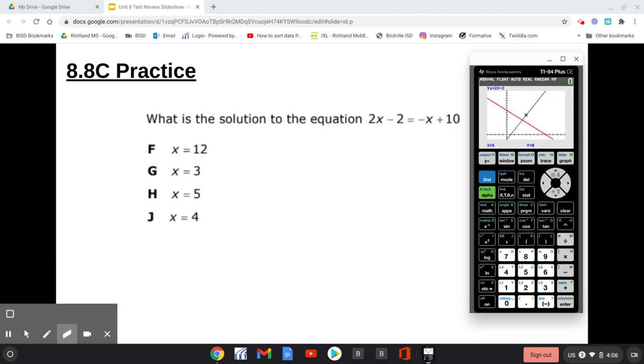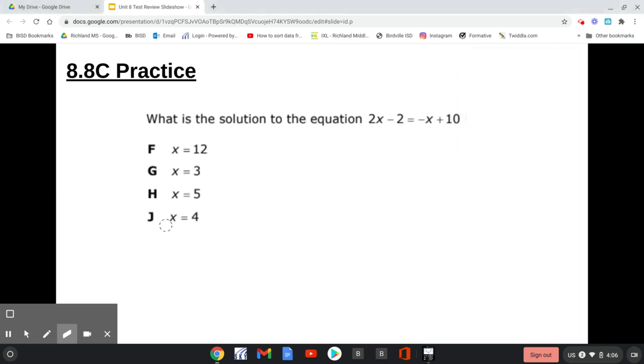Whoops, something is wrong. Hold on. I'm going to hit y equals. I'm going to hit second, trace, 5. And I'm going to hit enter, enter, enter. And I can see my intersection is the number 4, so my answer is J. Let's go to the next one.